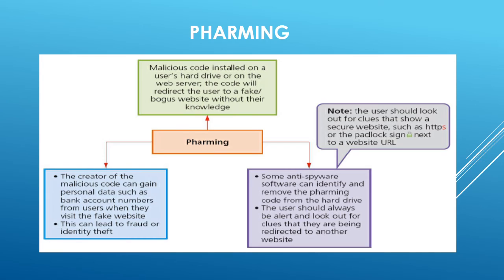Both phishing and pharming are made with the same purposes. Here you need to install anti-spyware software to identify and remove the pharming code from the hard drive, and the user should always be alert and look out for clues that they are being redirected to another website.